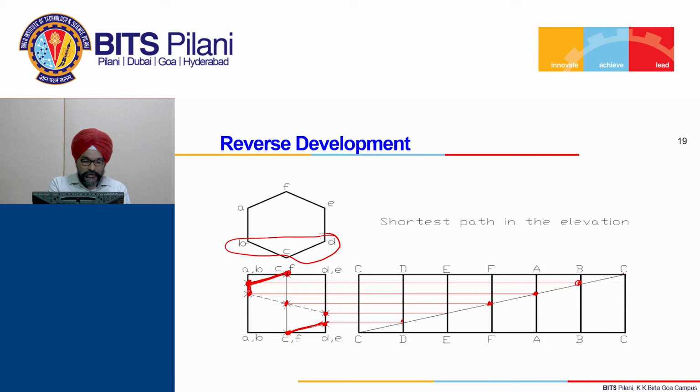They are visible, but they overlap with the other visible line, and this portion has been shown by the dashed line, which is on the rear portion. Okay. So, it is on A to F and F to E. All right. So, this is how the development or the reverse development can be utilized for solving certain problems.